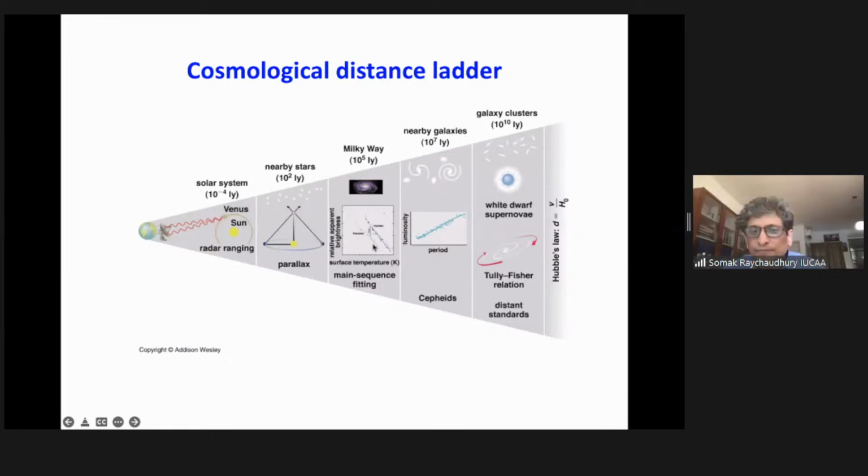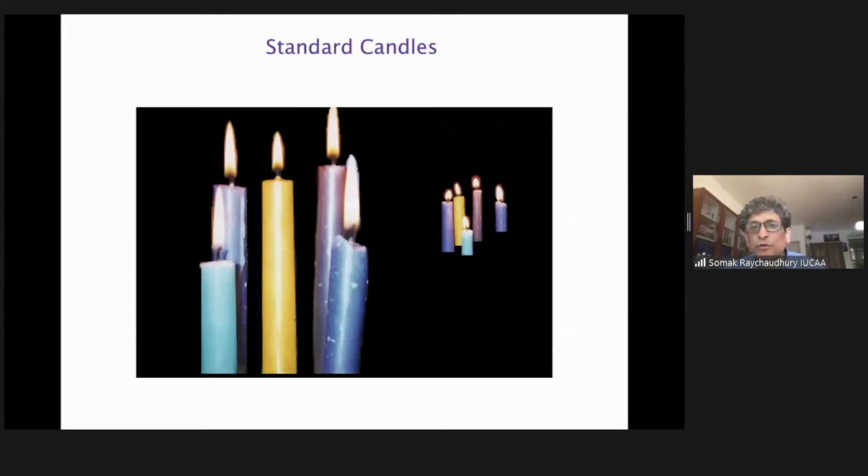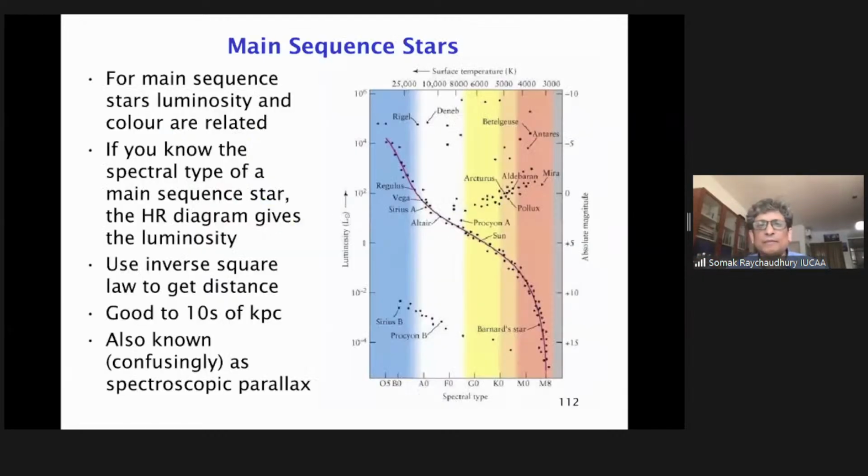So let's go on to the next step, and very briefly, I'm going to talk about... As you know, we said we have to depend on standard candles, so we need to know how bright something is in order to find its distance by measuring the light that falls. And I'll give you great examples later on in this sequence. But one of the first things I will tell you is that here is the example of what is known as the Hertzsprung-Russell diagram.